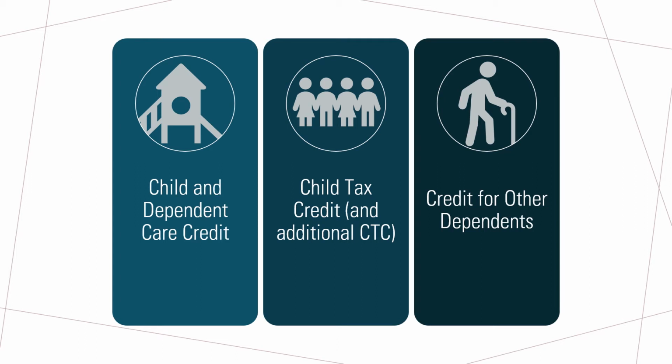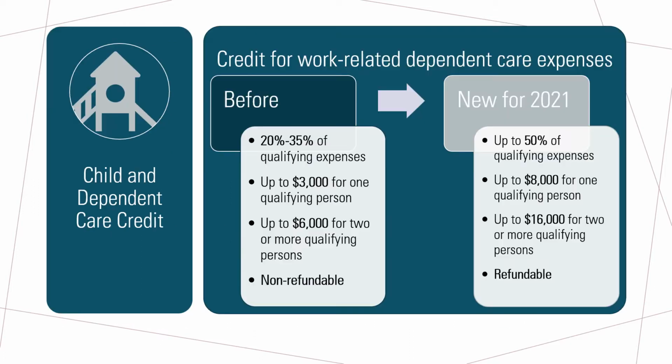So I just want to make clear, when you go on to Link and Learn, there's a separate lesson for the child and dependent care credit, and then the child tax credit and the additional child tax credit and the credit for other dependents are together as one lesson. So that's how those lessons are divided out when you go over to Link and Learn.